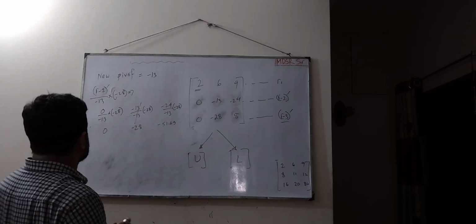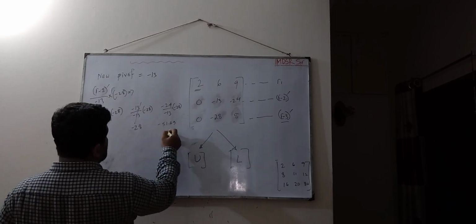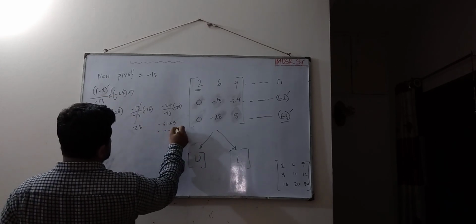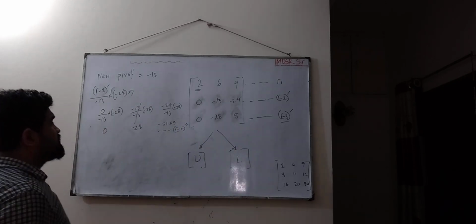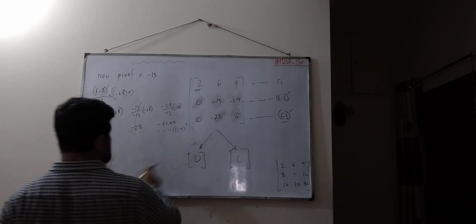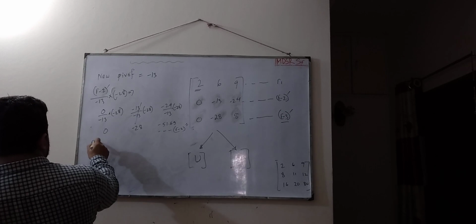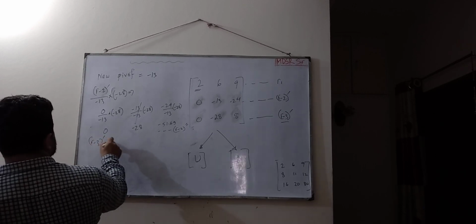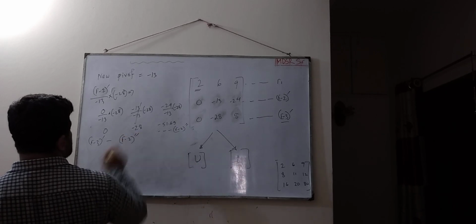Alright. So now we can call this row 2 double prime. Now we need to make this one 0, so we need to subtract from row 3 prime. So row 3 prime minus row 2 double prime.